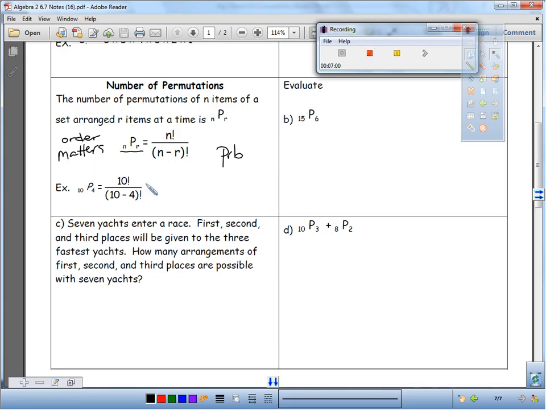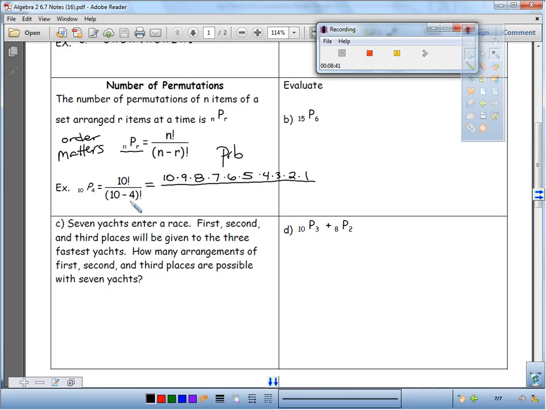Okay, so let me show you what this means. This is 10 factorial, which is 10 times 9 times 8 times 7 times 6 times 5 times 4 times 3 times 2 times 1. Everyone's writing this down. Then it's divided by 10 minus 4 factorial. Class, what's 10 minus 4?